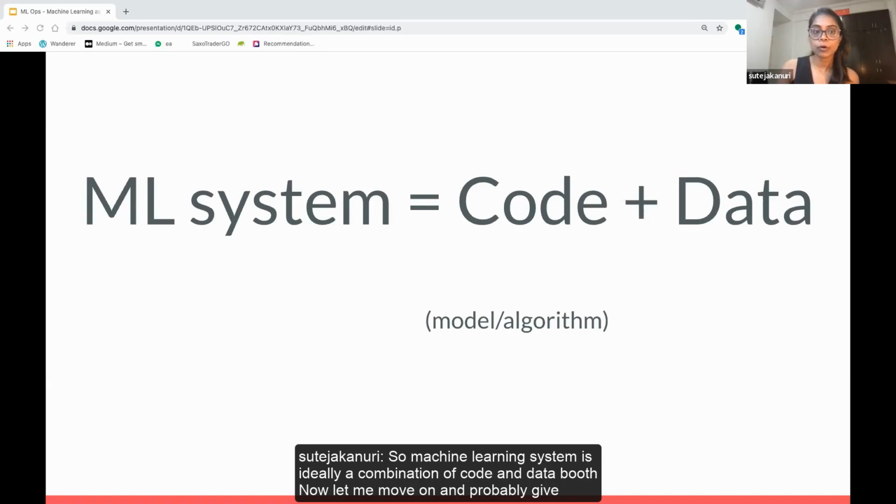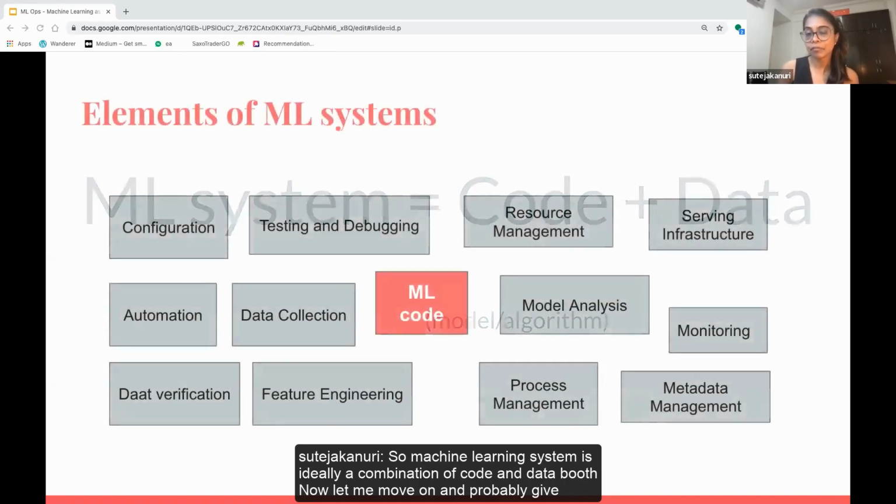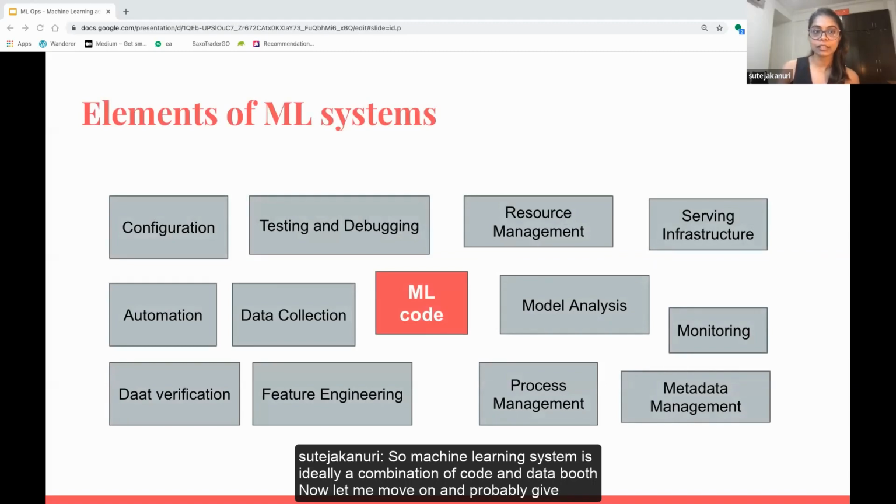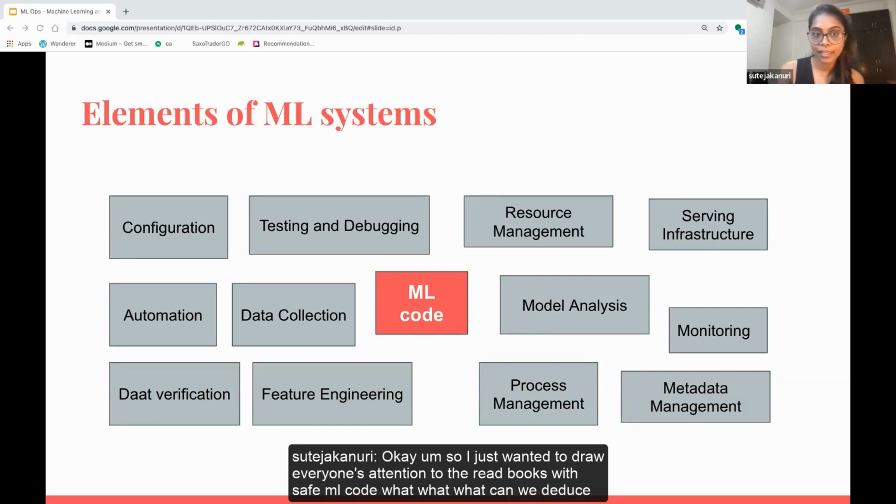Now let me move on and probably give everyone 10 seconds to look at this diagram and read as many boxes as possible. Okay.